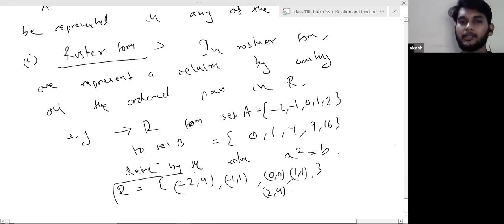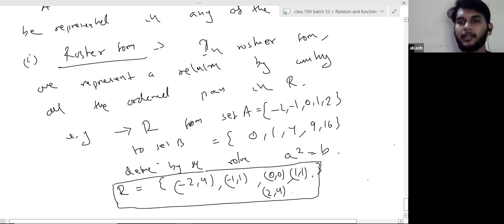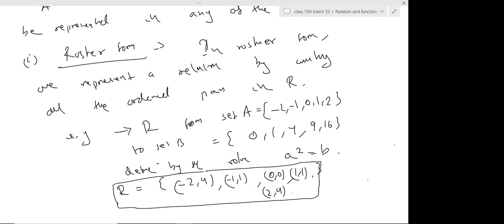If you write just this, where you mention all the ordered pairs, this is a representation of R, and this is called roster form. Just as in sets, if you write all the elements, that is roster form. Clear, Arnav? Yes, sir. All right, clear, right?